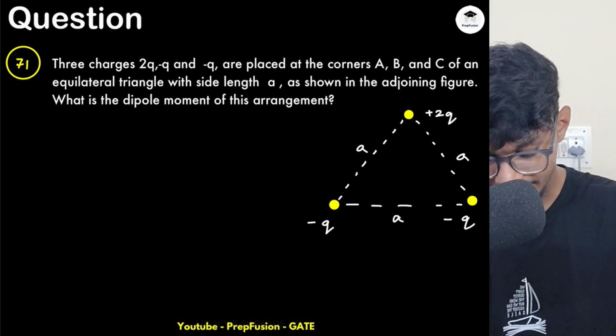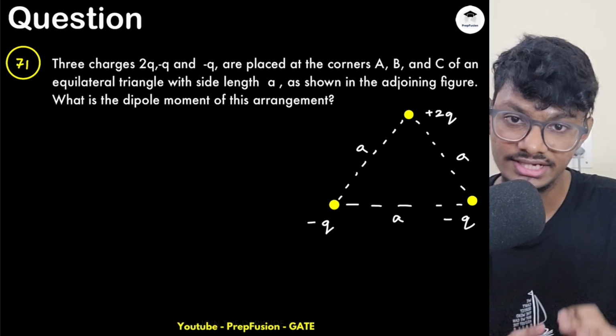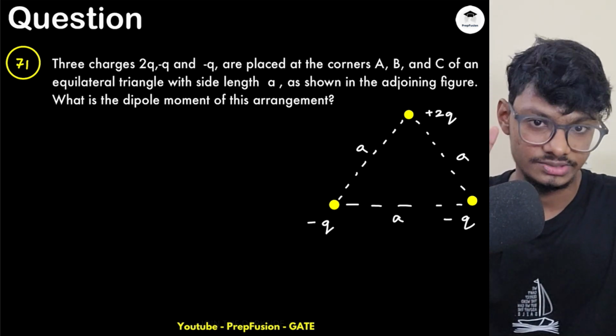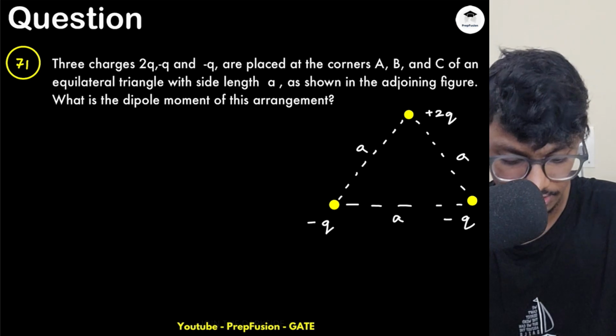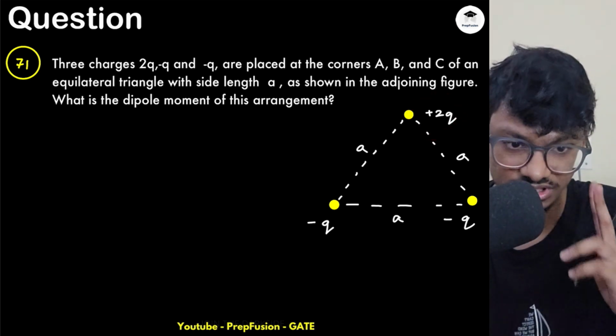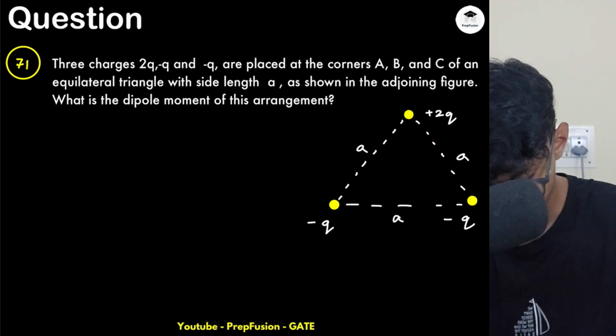So actually I can break this arrangement down into two arrangements. I have a minus q here and a minus q here, right? So I can break this charge 2q into plus q, plus q.